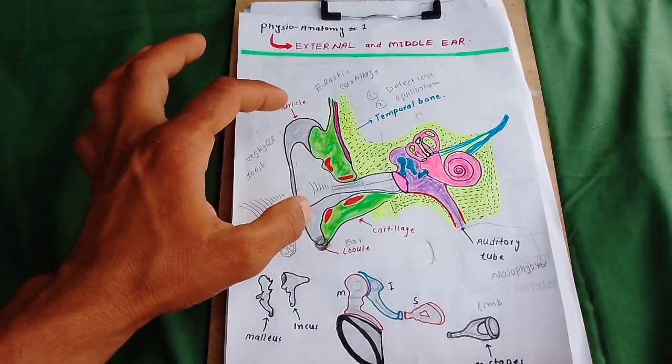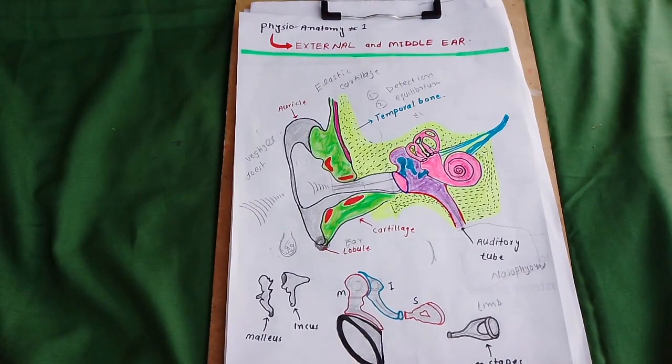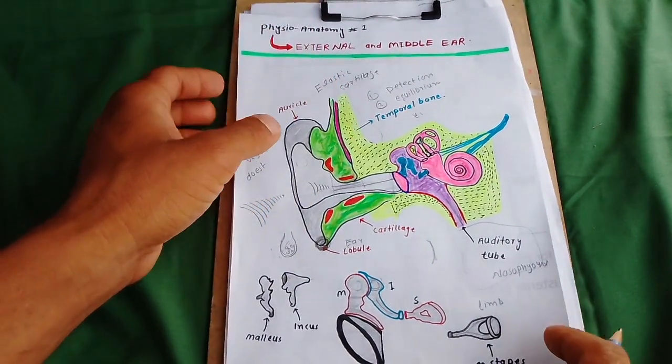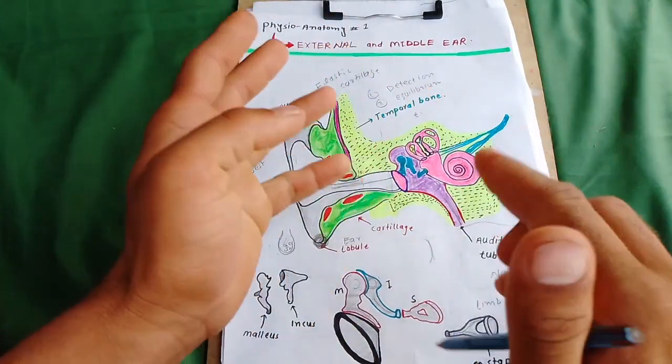The function of the external ear: the pinna collects the sound wave. Look at these three words.